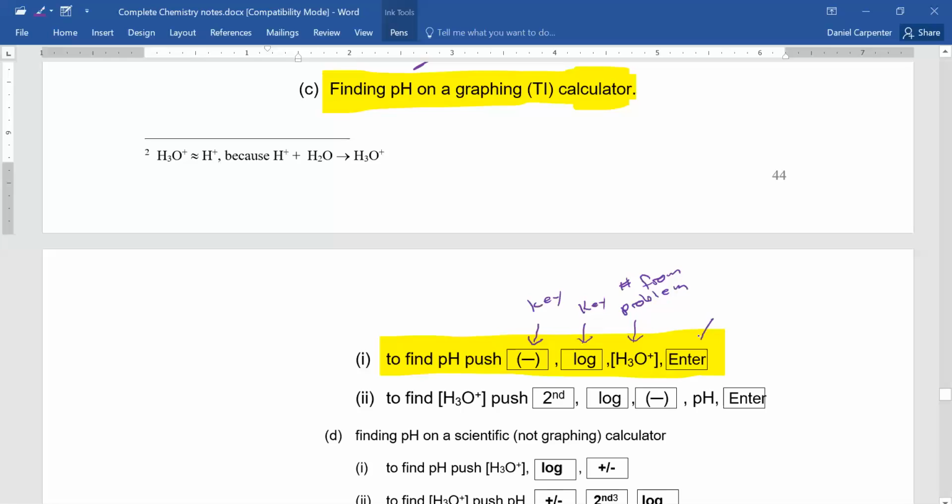And then the enter, I hope it's obvious to you, would be the key on the calculator you push. You have to push them in that order. If you don't push them in that order, yeah, if you don't push those buttons, they'll push your buttons.